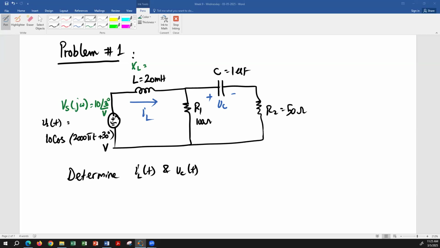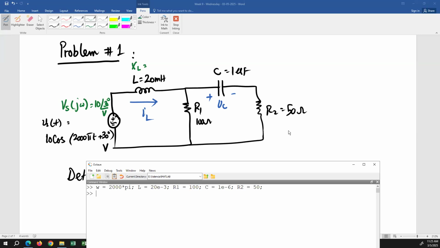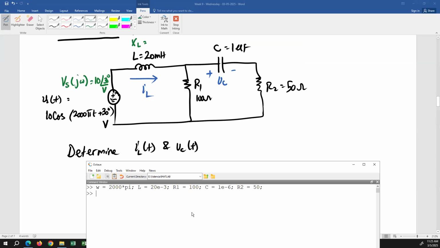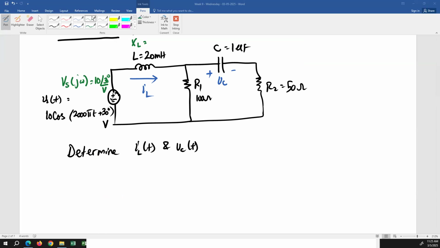Okay, so let me put it here so everyone can see. So now your XL is what? XL is j times omega times L. J 125.6637 ohms.